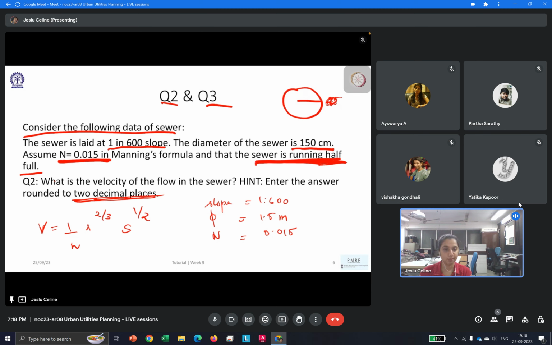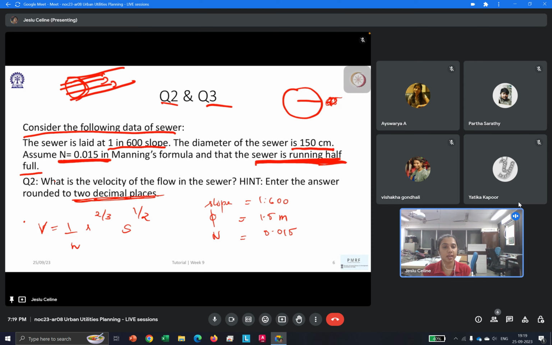Like in water supply, we have learned that if the pipe is running full, then the Hazen-Williams equation can be used. But when it is only partially full, then we need to use Manning's equation. Manning's equation can be used for full flowing flows also, so Hazen-Williams is an alternative for full flowing.